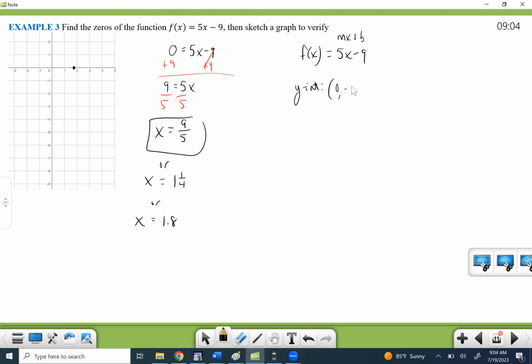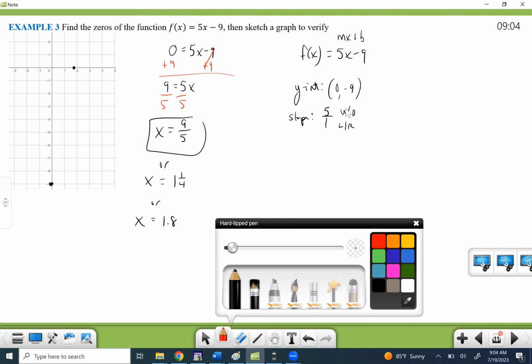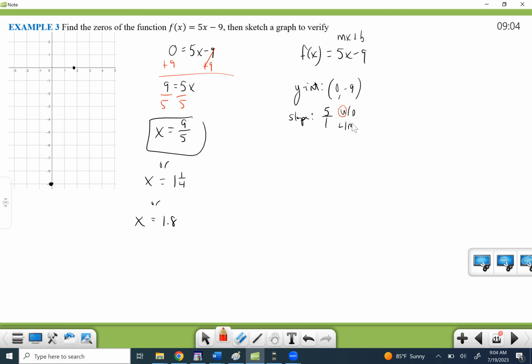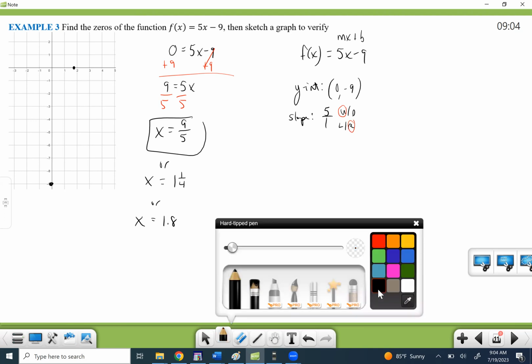So (0, -9) is where we would cross the y-axis. Then the slope is 5, or 5/1, because our slope always has to be a fraction. So we have to figure out if we're going up or down, if we're going left or right. It's positive, so we'll go up. The 1 is positive, so we'll go right.